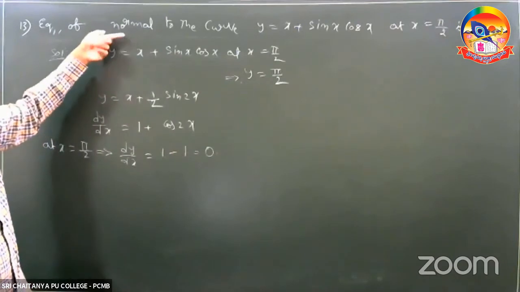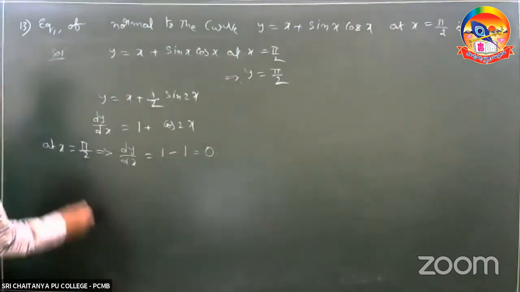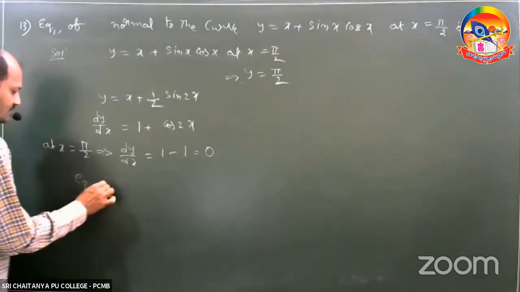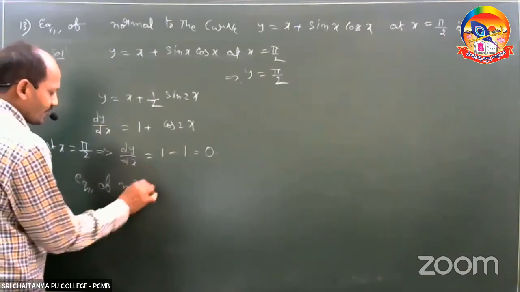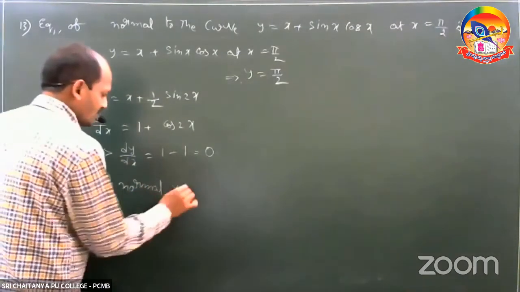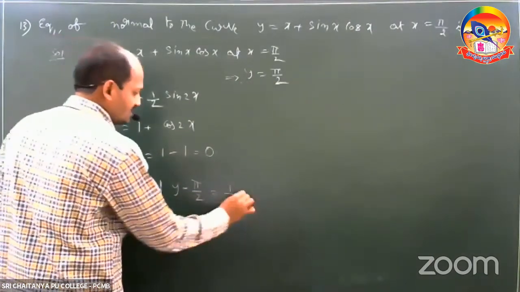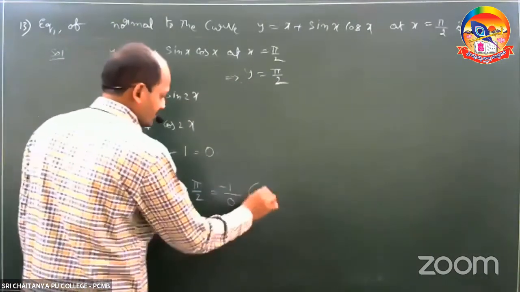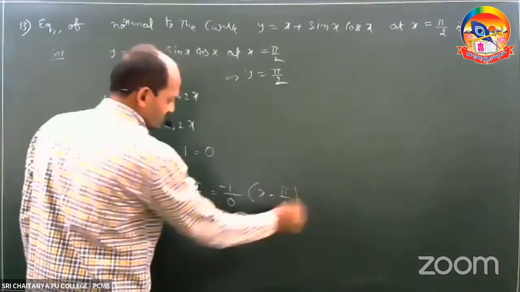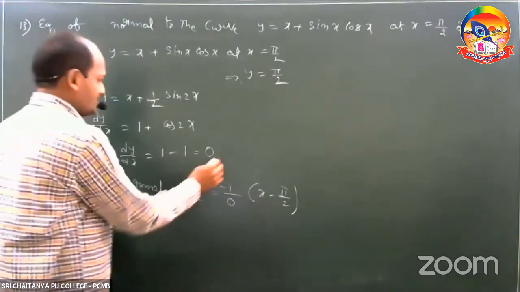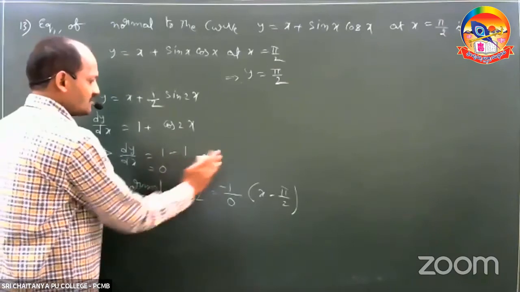But we must find the equation of the normal. The equation of the normal is y minus y1 is equal to minus 1 by m into x minus x1. Here the m value is 0, the slope is 0.